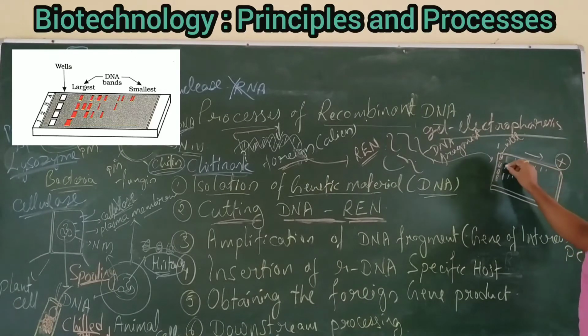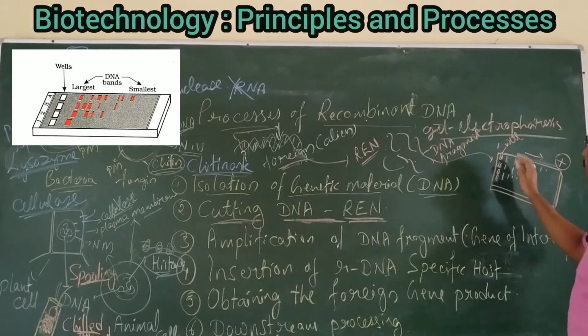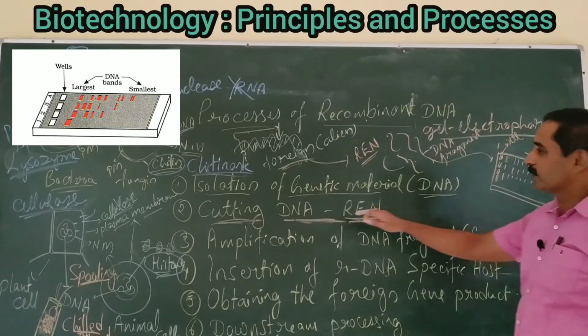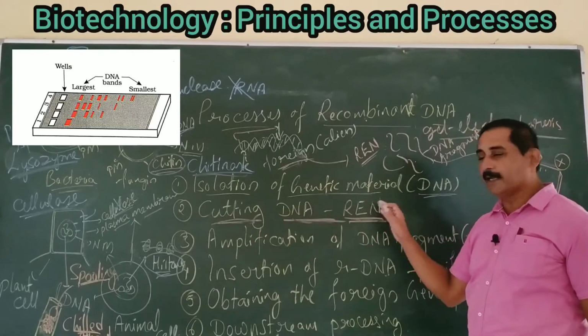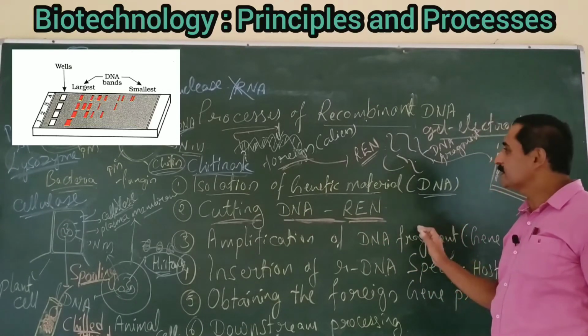Totally, all such DNA fragments are separated by using a technique called gel electrophoresis, after the cutting of DNA by using REN at a specific region.